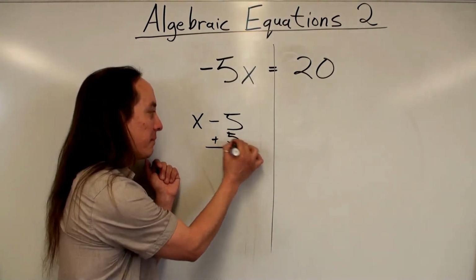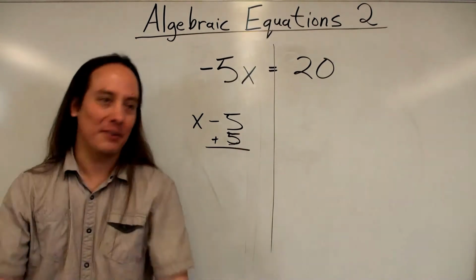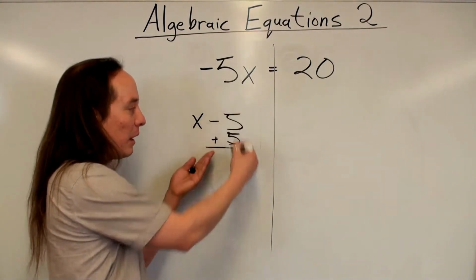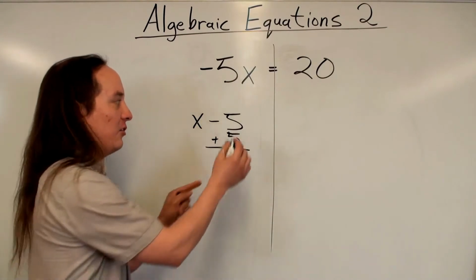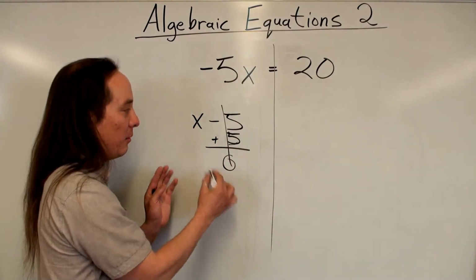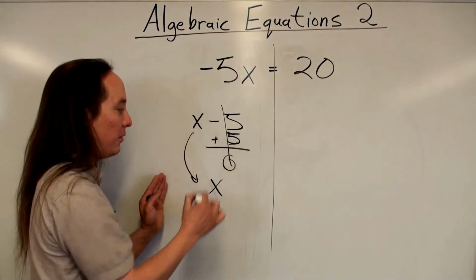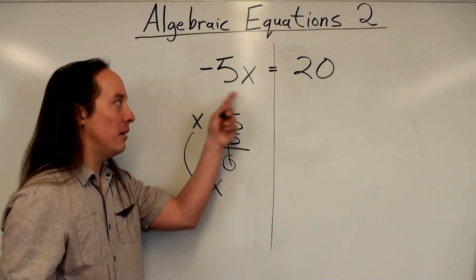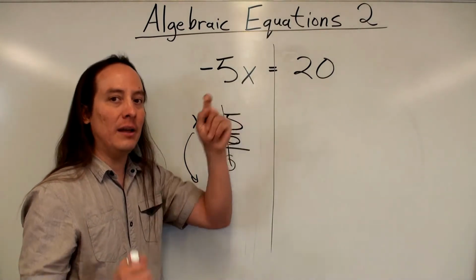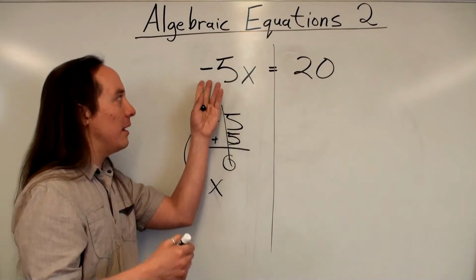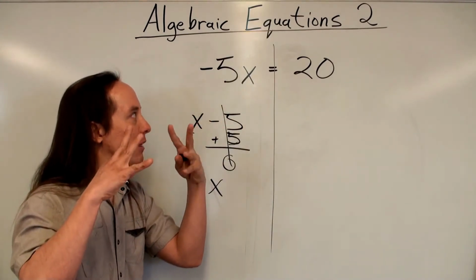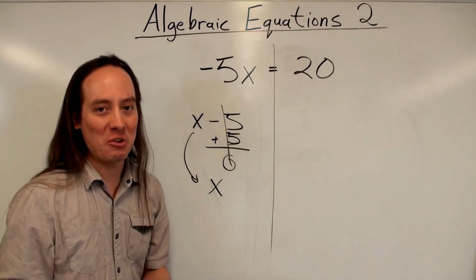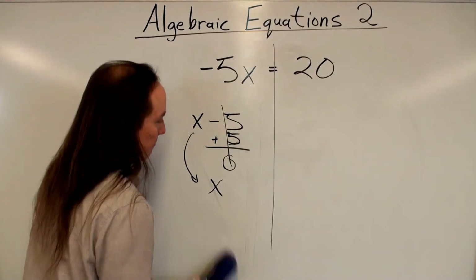Okay, well, it's not much better, but it's a 5. So to eliminate it, this is where I would add, or do the opposite of the subtraction, and that would give me 0, leaving x all by itself, just bringing the x down. However, this isn't what it says here. We've got to understand that that multiplication is more important than a possible subtraction, okay? All right.